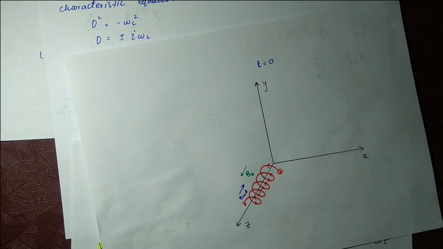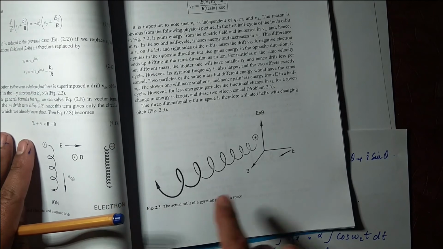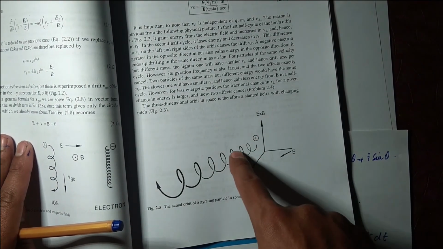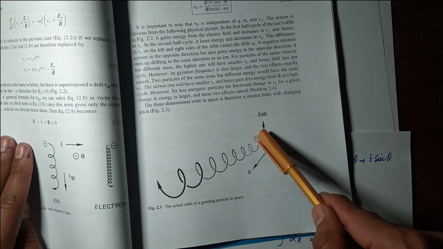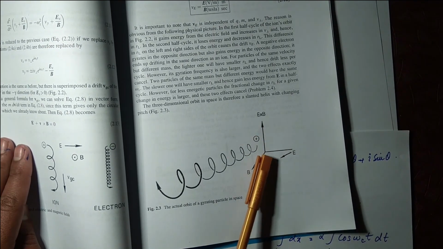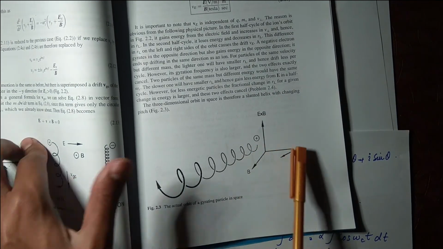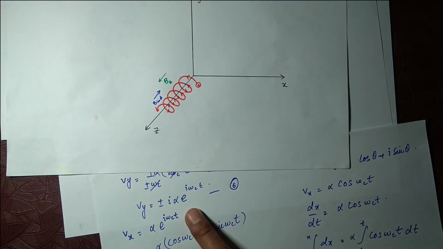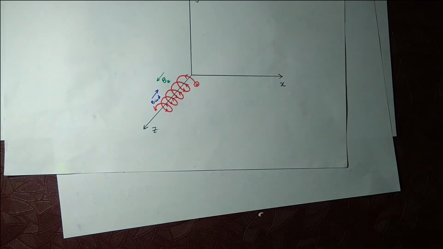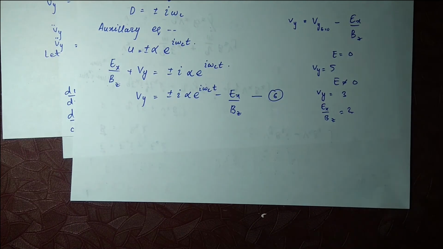Now let's see in our book how this graph is formed. The graph is formed like this. In the gyration, you can see that the plasma performing the gyration is above the axis. Why is this above the axis? Because now we have a change in v of y. v of y is changed from this to this.